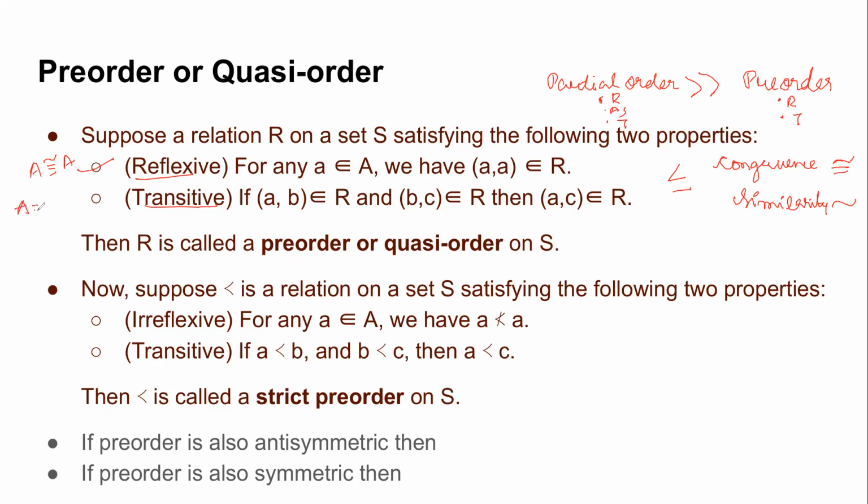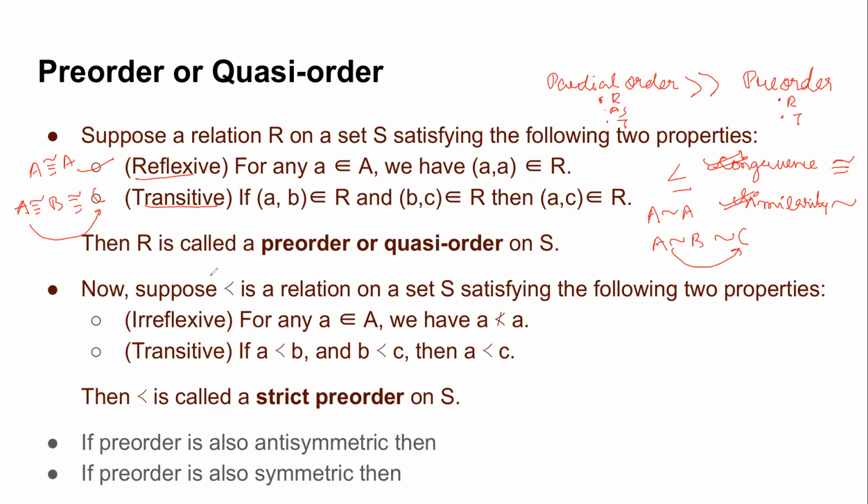Similarly, if A is congruent to B and B is congruent to C, then A is congruent to C. So congruence is definitely a pre-order. What about similarity? Similarity is also a pre-order, because we are not considering whether it's symmetric or antisymmetric. We are just looking at two properties, reflexive and transitive, which is true. Because A is similar to B, similar to C, directly means A is also similar to C. So both of them are good examples of a pre-order.